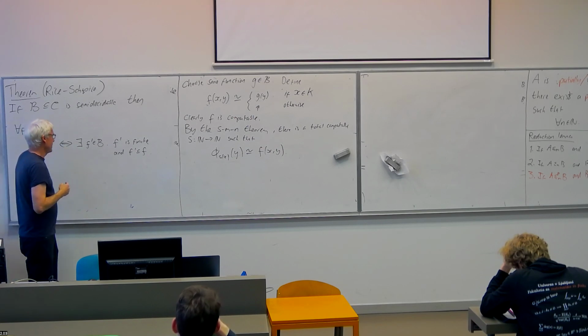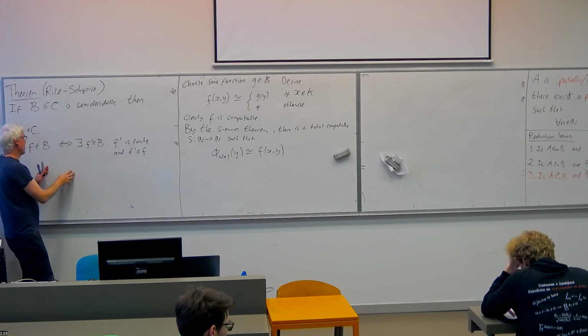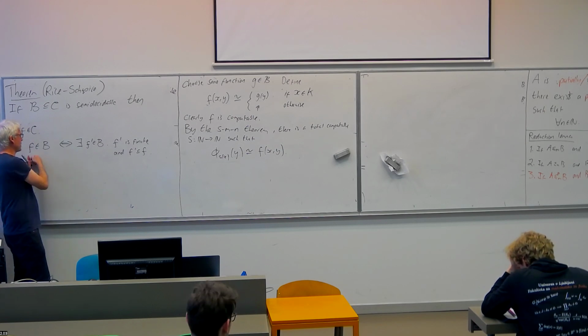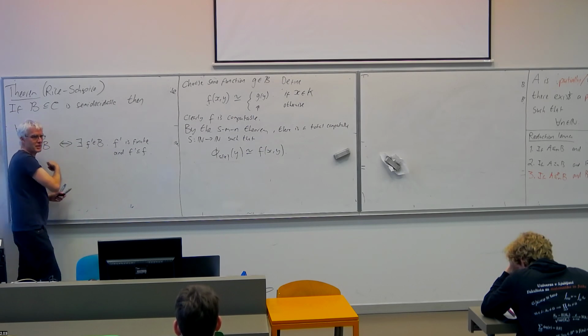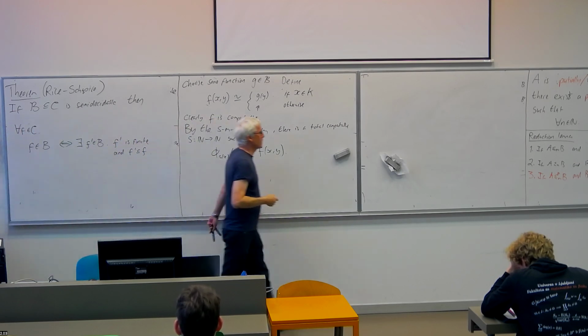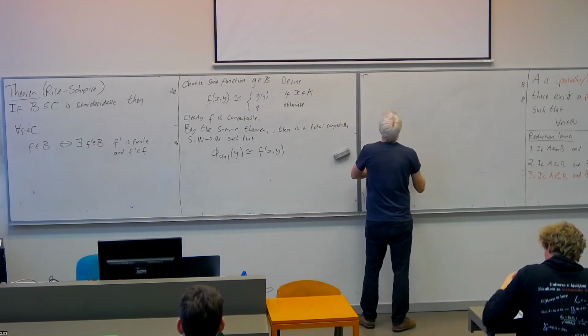But it simply says, if a function is in B, then there exists some finite subfunction in B. And if you've got a finite function in B, then any superfunction belongs to B. But I haven't said what a finite subfunction is.